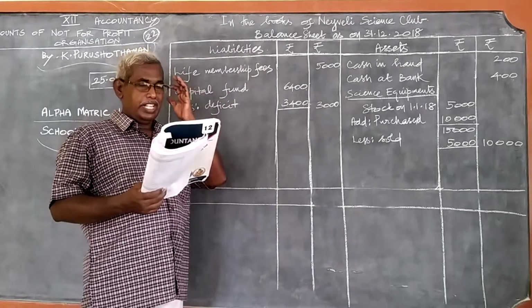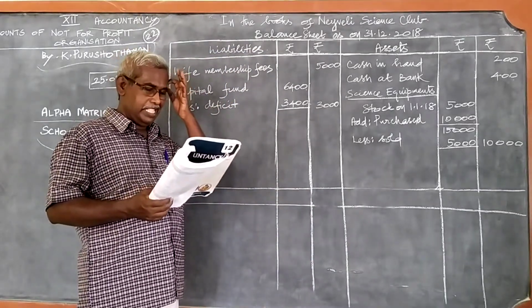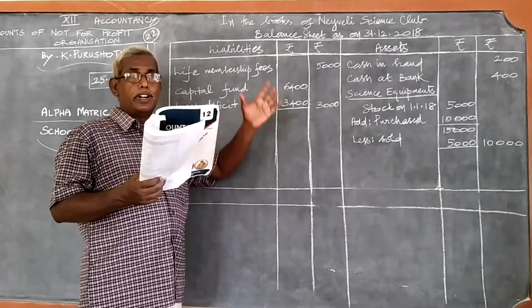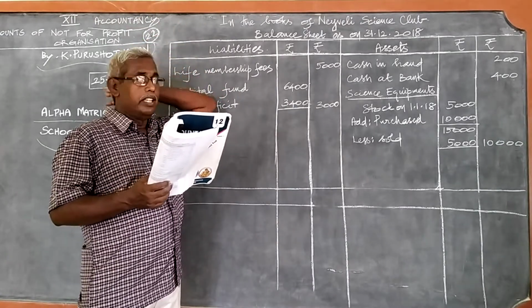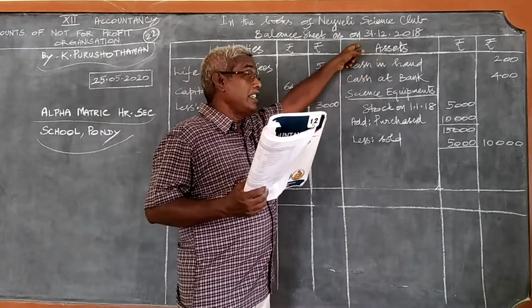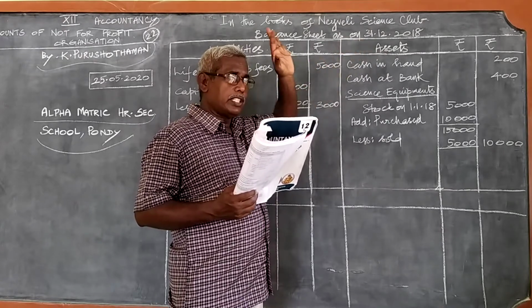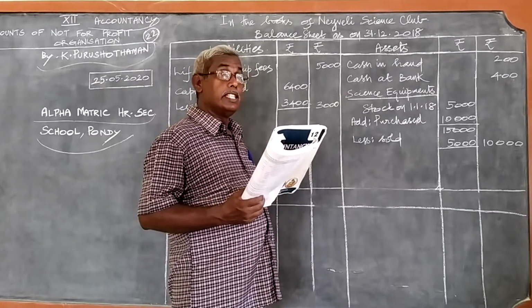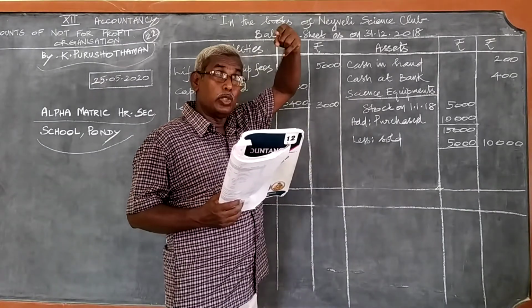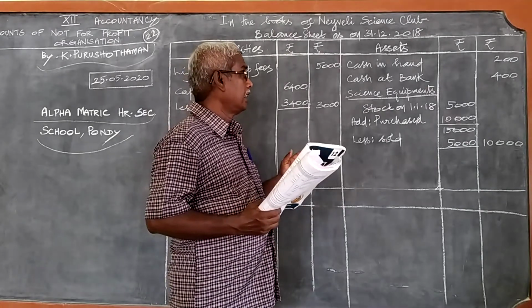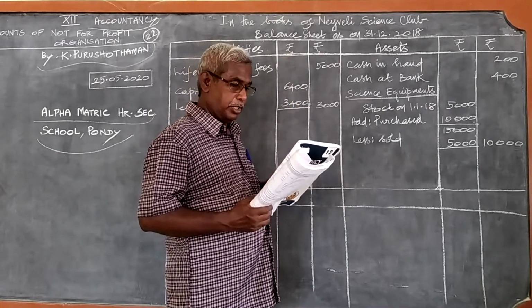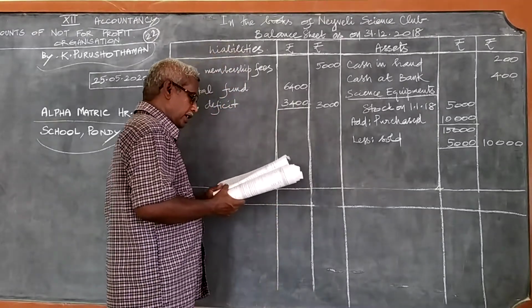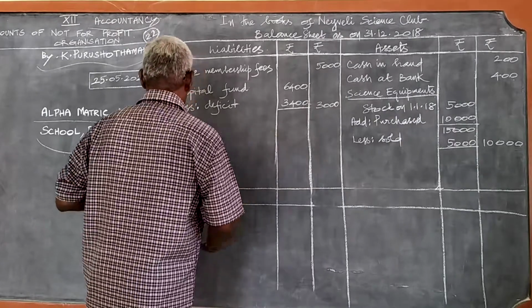Then the next item, any more item for liability? Yes. See, subscription includes 600 for the year 2019. If for the current year, any subscription is outstanding, it is an asset. If there is any subscription related to the future year, then it is a liability. This subscription is related to the future year, therefore it should be written on the liability side.